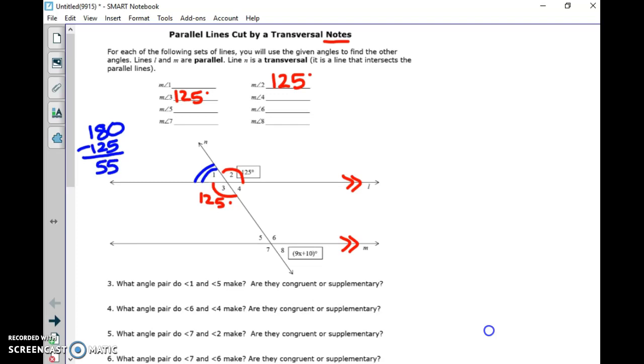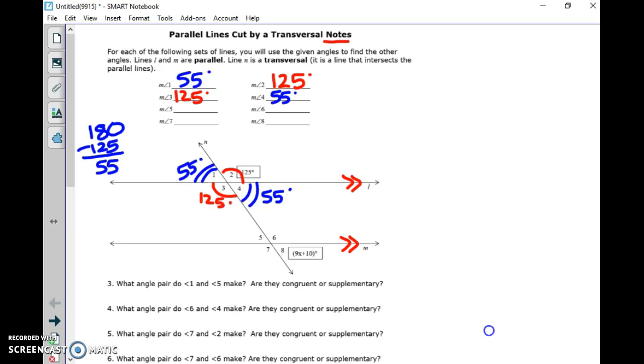So angle 1, 55 degrees. Now, angle 1 and angle 4 are across from each other. Again, we call those vertical angles. So if we know angle 1 is 55 degrees, we know angle 4 is also 55 degrees. So we're going to fill that in. Angle 4 is 55 degrees.